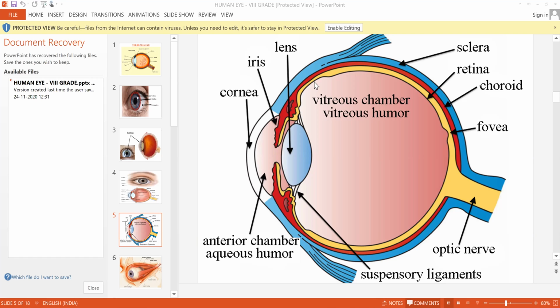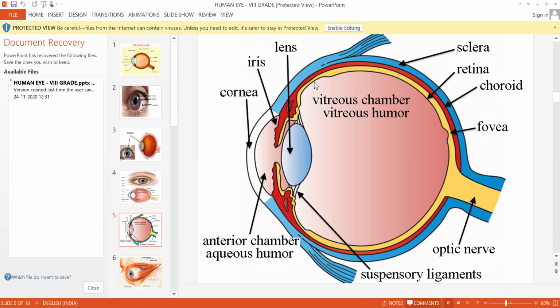Already, whatever light we see, whatever image we see, it is a reflection. The incident ray touches a smooth surface and comes back in the form of a reflected ray. All these things I have explained in my early classes: what is an incident ray, what is a plane surface, and what is a reflected ray. The reflected ray finally reaches your eye.